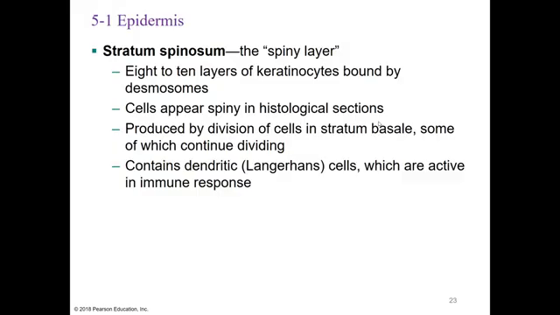When we look at these cells under a microscope, they look a bit spiny, which is why they're called the spiny layer. They are the daughter cells, the newly produced cells from the stratum basale. We also see in this layer cells called Langerhans cells, which are helpful in immune response. If you were to get a cut and some bacteria was introduced to the skin, these guys could help fight for your immune system.